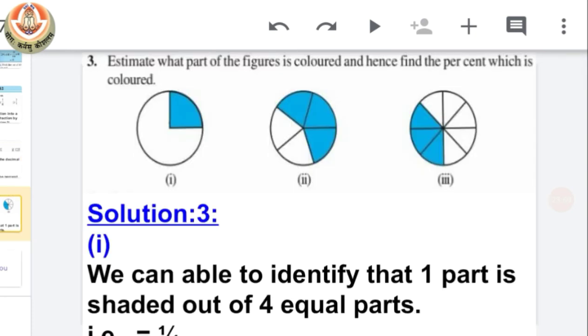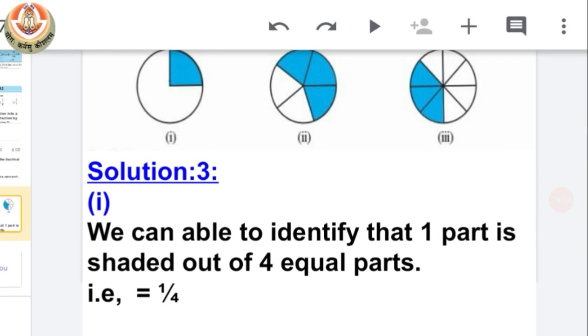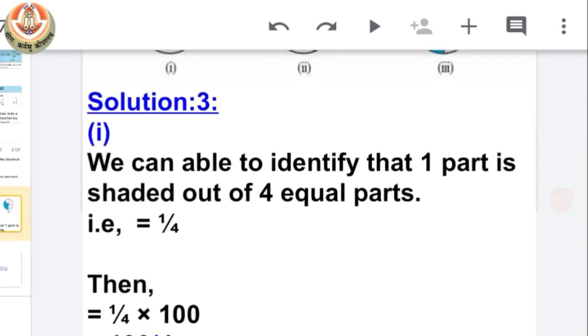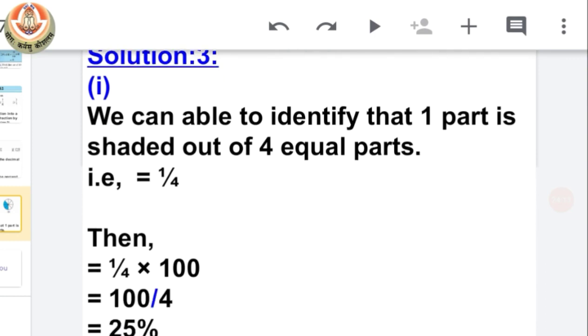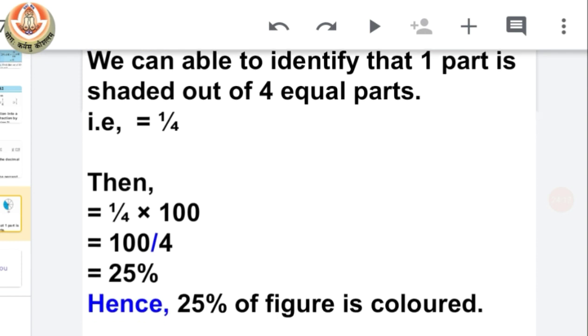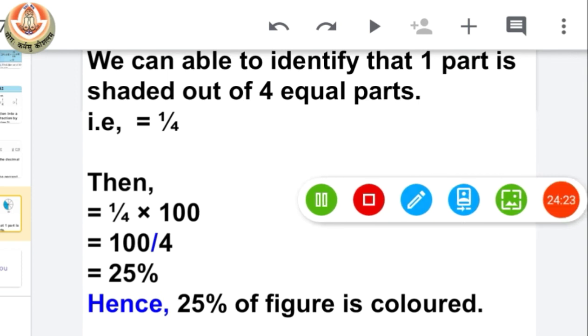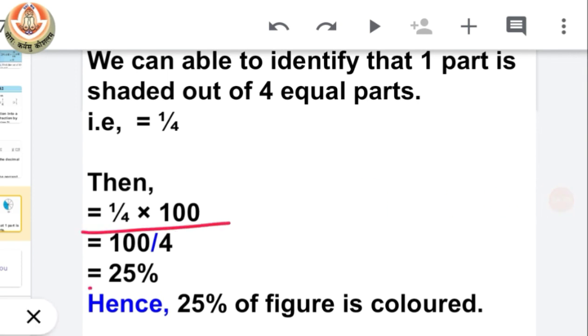So our third question is: estimate what part of the figure is colored and hence find the percent. You can see in the first part that it is 1/4 of the whole. So in fraction it is 1 upon 4, but we have to convert it into percentage. For this we multiply the 1 upon 4 fraction by 100 and we get the answer 25%.